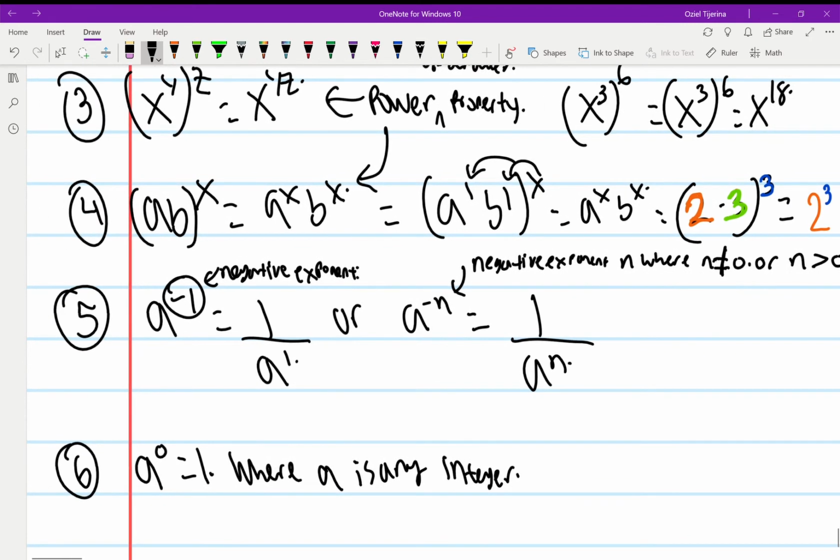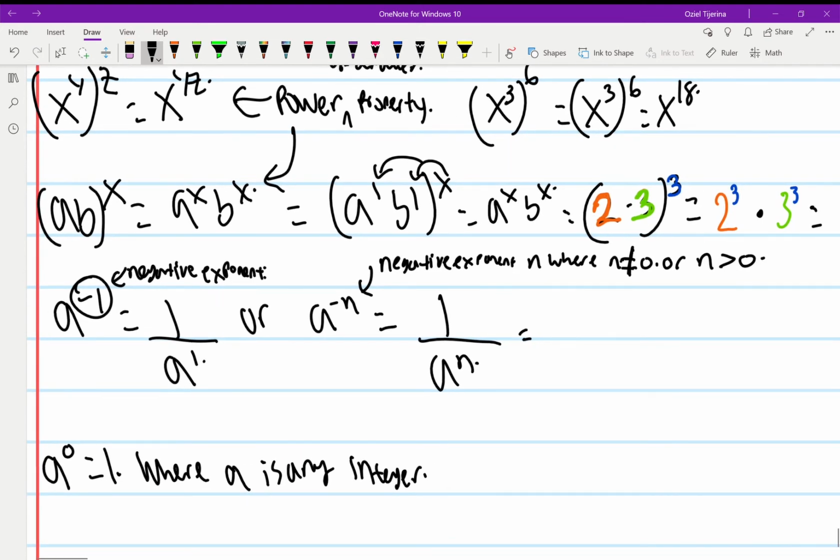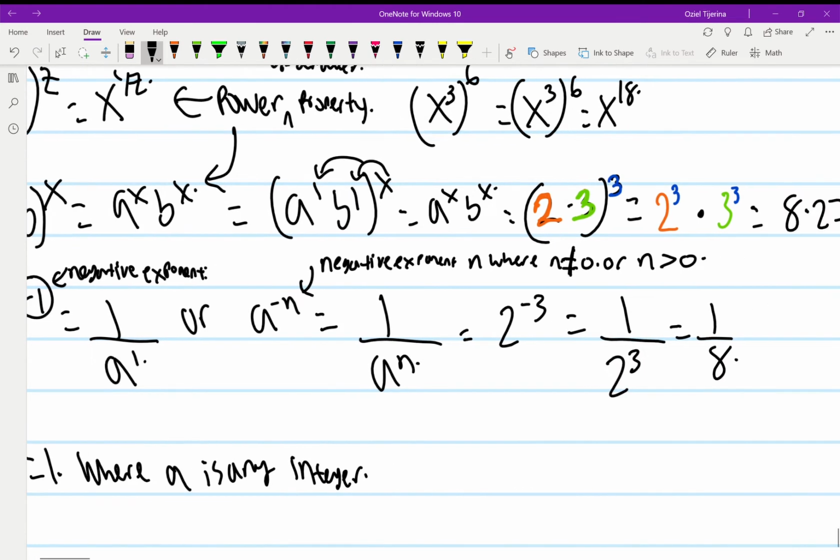So as long as it's greater than 0, so if I have, for example, 2 to the -3 power, that's going to be 1 over 2 cubed, which is 1/8, okay?